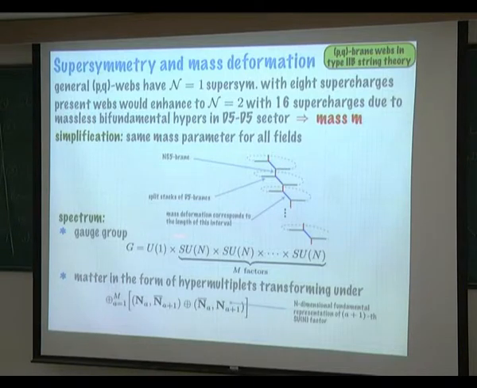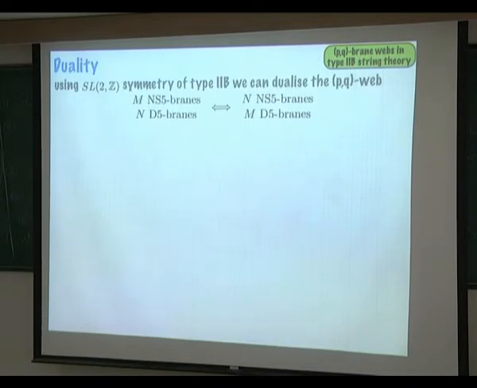Now, this seems a bit of singling out, say, the number of D5s or the number of NS5s here. In fact, due to the SL(2,Z) symmetry of type IIB, there's of course also a dual description of this, which basically just exchanges the number of NS5 branes and D5 branes. So instead of M NS5 branes I had on the previous transparency, I can also look at the same setting with N NS5 branes and M D5 branes.